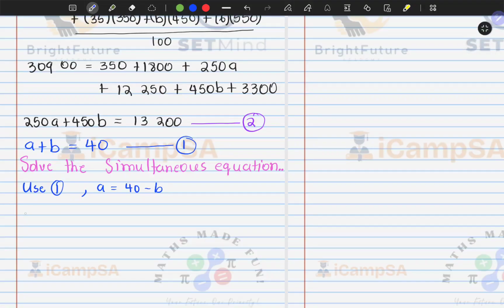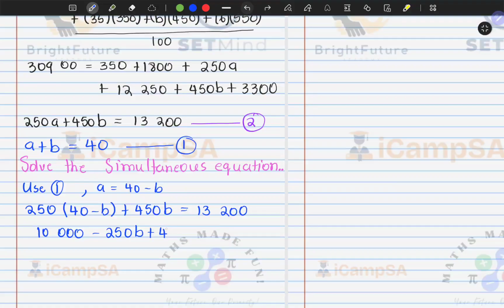Okay. So what this means is that I'm going to have 250. Now, wherever I see A, I'm going to put 40 minus B. Then plus 450B equals 13,200. Then you'll see that we'll have 250 multiplying 40, which will end up giving us 10,000 minus 250B, and then plus 450B, and this is 13,200.